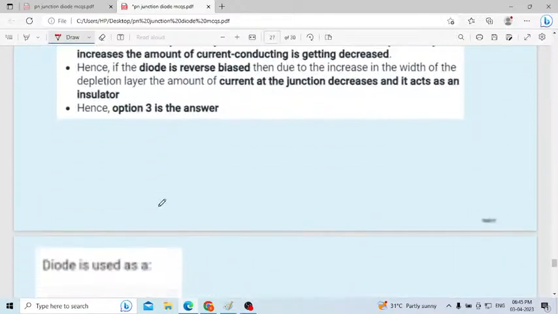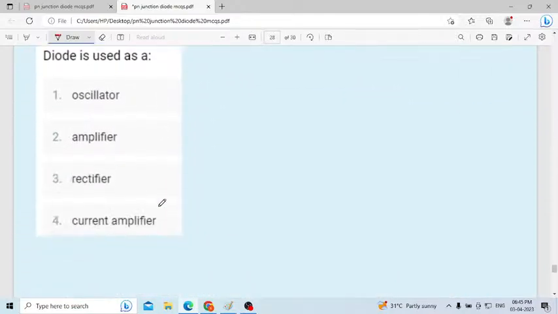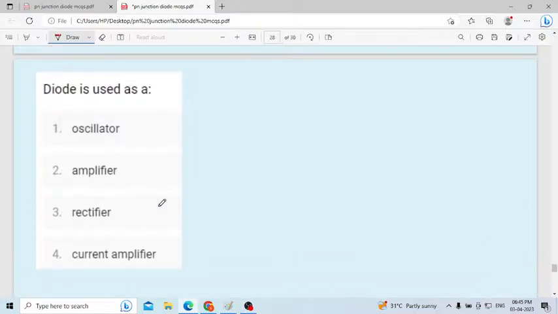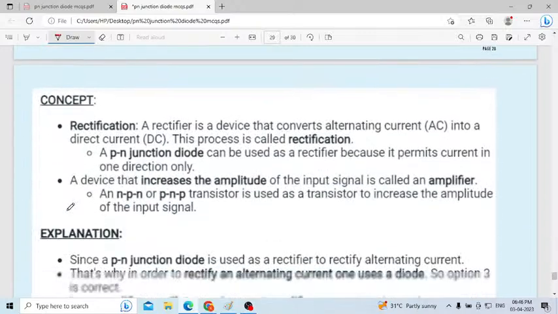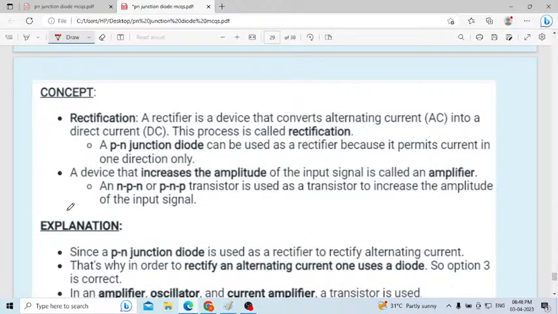The next question, today's last question. How will we use the diode? Here we will use the diode as a rectifier. Let us discuss what is meant by rectification.